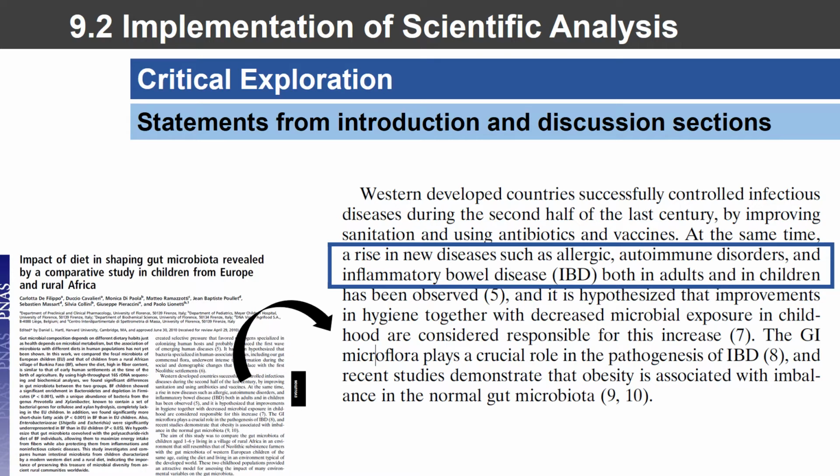What I don't want you to do is place an overimportance on this particular line here. You might be tempted to think that you're about to learn something that will definitively associate with some of these disorders, like allergies, for example, or autoimmune disorders, or IBD.